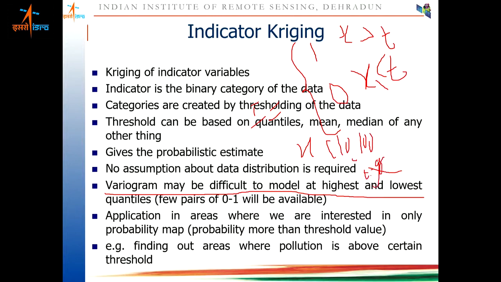In that case your number of ones will be very few and number of zeros will be very high. In that case there will be very few pairs. If the number of pairs is lower, variogram cannot be made, and if variogram cannot be made, Kriging cannot be applied, because variogram is a basic requirement for Kriging.